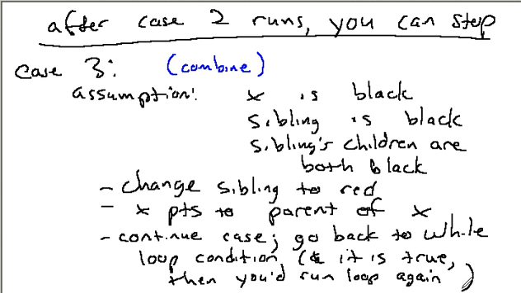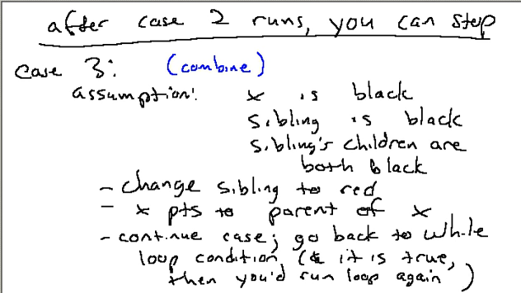So your while loop's going to take you through these cases over and over. Case 1 is just going to send you to 2A, 2B, or 3. If you hit 2A or 2B, you're done. And then case 3 is going to say, okay, well now you repeat the whole while loop. But you may have made your while loop condition false now.